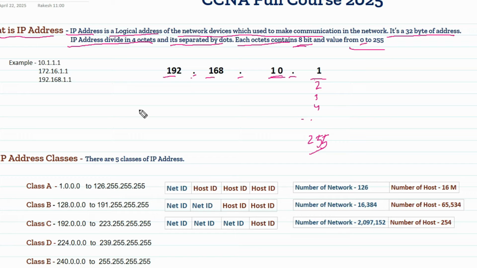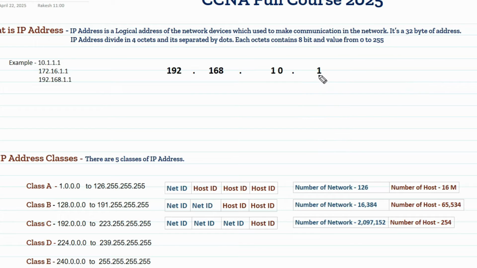So friends, how is it 255? Let me tell you. Take the first octet, 192, as an 8-bit address: 0 0 0 0 0 0 0 0.